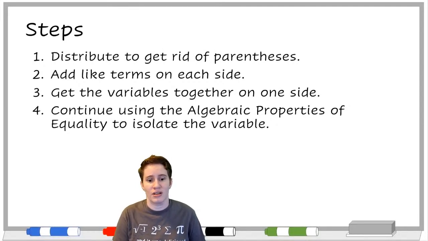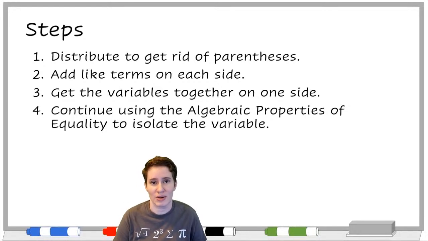But here's the order that it is best to handle these kinds of complicated equations. You don't always do every single one of these steps, but if you do need to do them, this is the best order to do it, to hopefully not accidentally commit some sort of math error that you didn't realize you were committing.